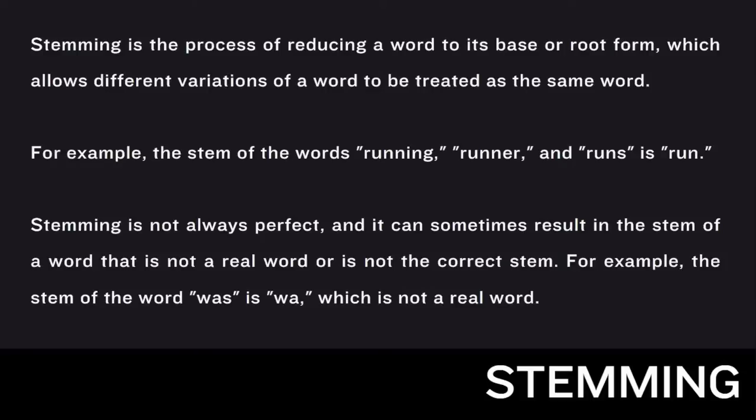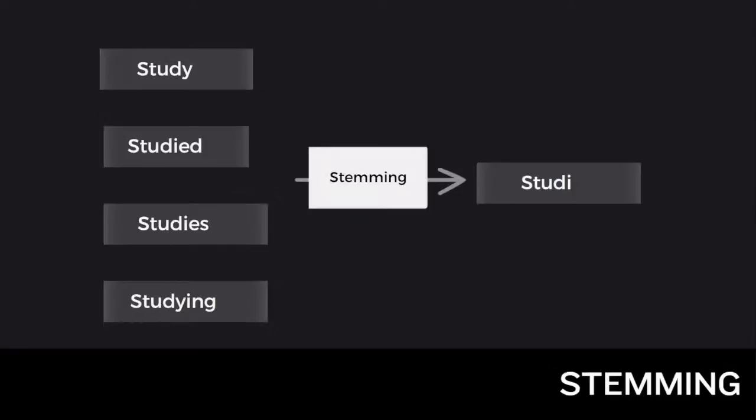Stemming is actually not always perfect, and it can sometimes result in a stem that is not a real word or is not the correct stem. For example, the stem of was will be wa, which is not even a real word. Also, you can see we get problems like this. The stemmed word of study will be studi.